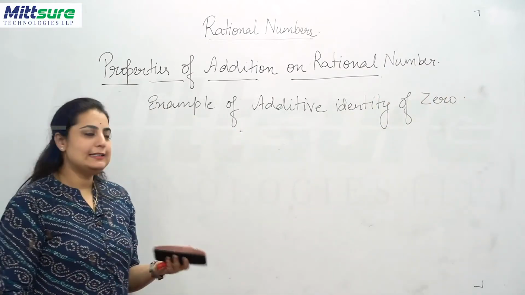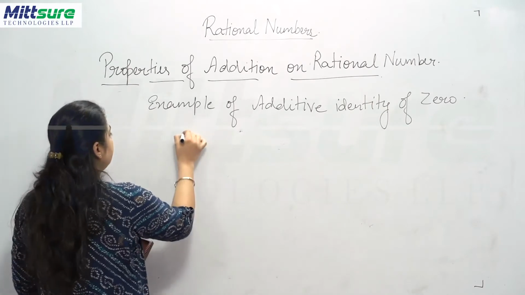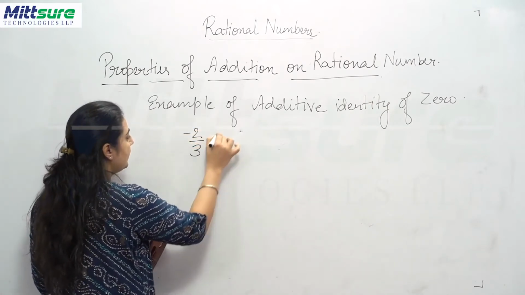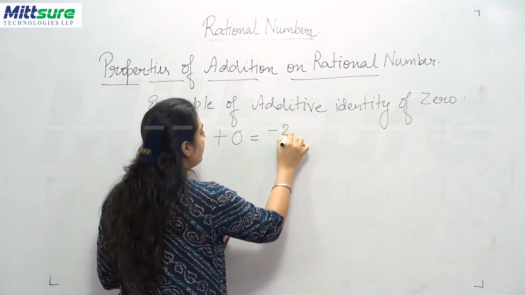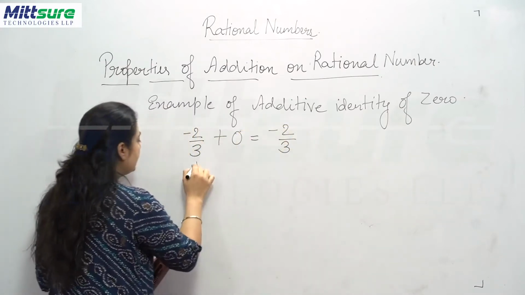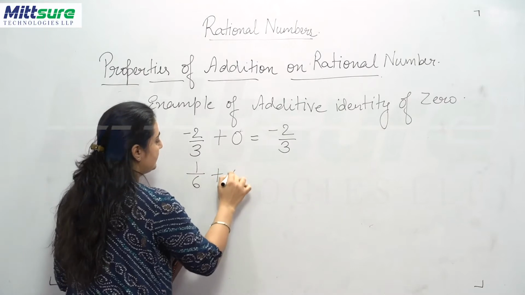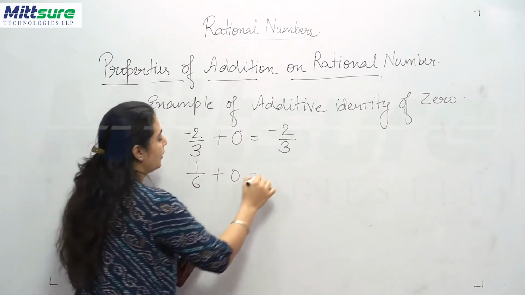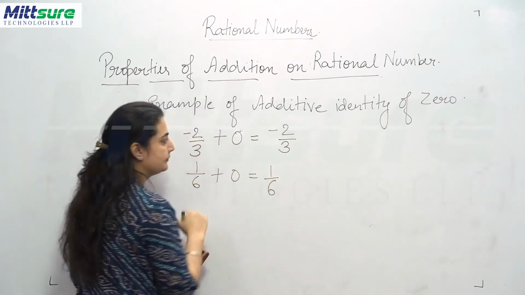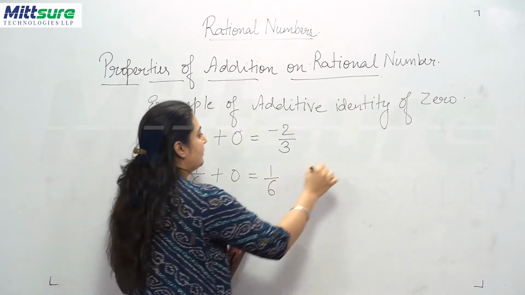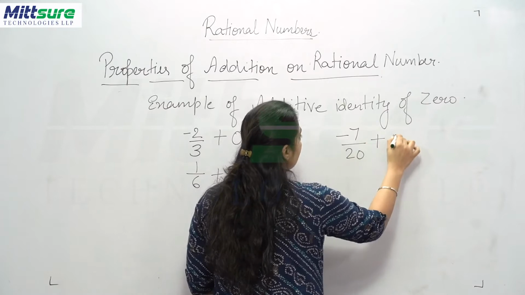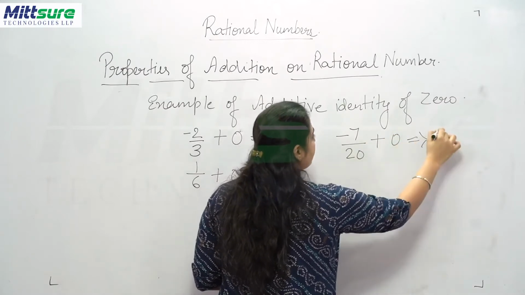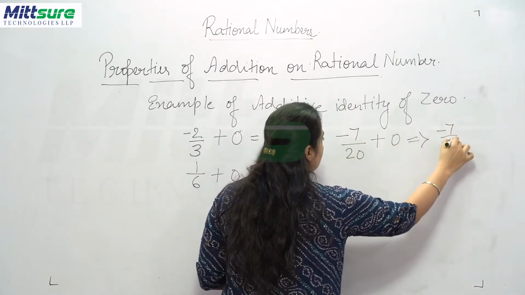Okay. Now let's take randomly any rational number. Minus 2 upon 3 plus 0 will give you minus 2 upon 3. Take 1 upon 6 plus 0 will give you 1 upon 6. Okay, let's take minus 7 upon 20 plus 0 will again give you minus 7 upon 20.